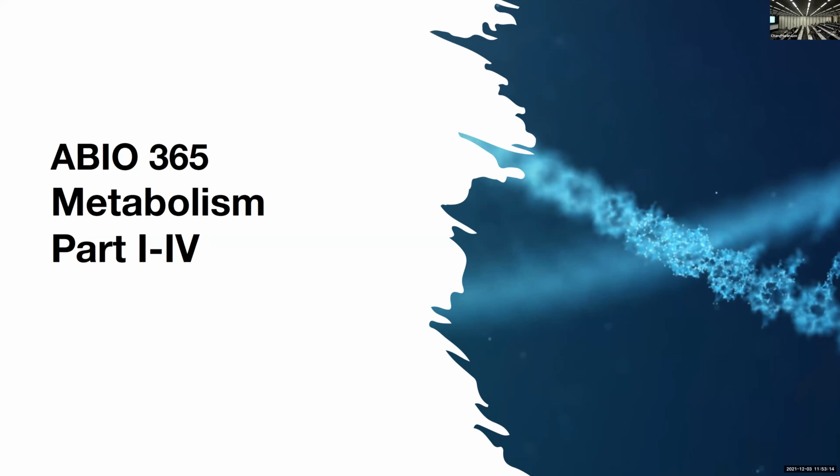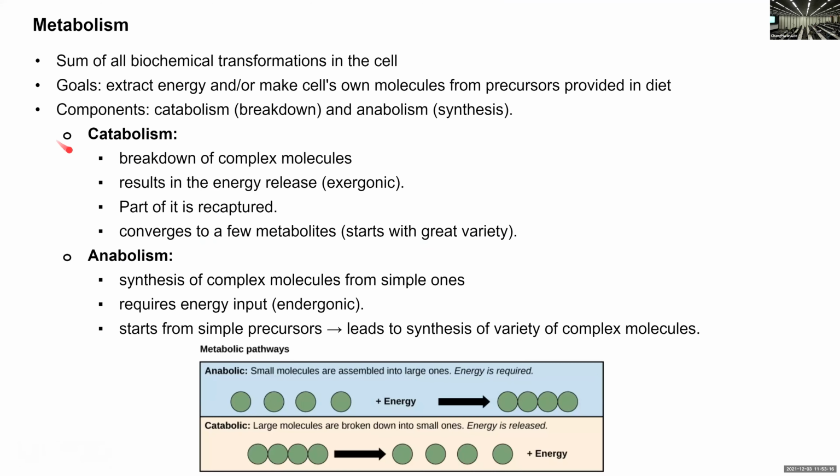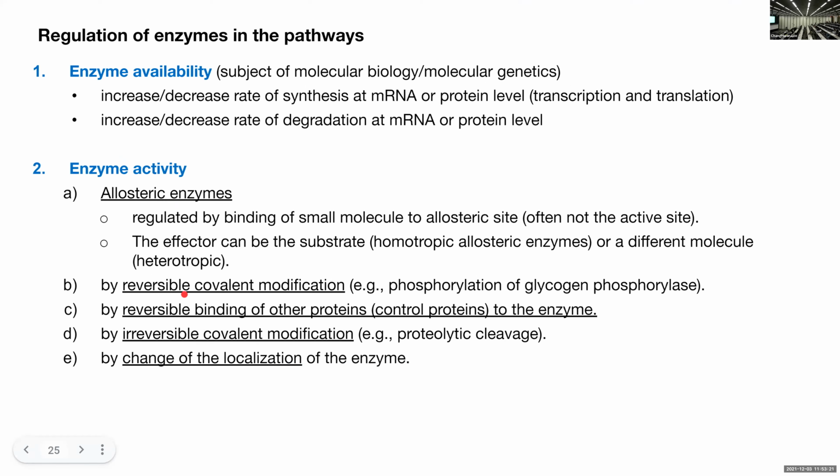Metabolism, and also different kinds of metabolism, which are catabolism and anabolism. And we also talked a lot about the different types of regulation for enzymes involved in this catalytic pathway, or the metabolic pathway. Enzyme availability change is a pretty simple one, where you can just change the amount of mRNAs or the proteins for the enzymes.